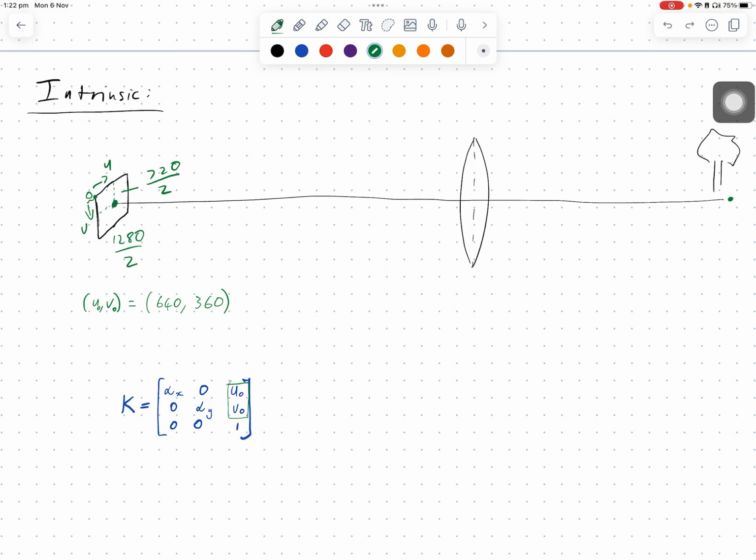And these are a little bit different in some ways from what you normally think of as the focal length of a lens. Normally when you think about the focal length of a lens, you might think about diagrams that look like this, where a line that goes parallel to the optical axis goes through the focal point, and a line that goes through the center of the lens is not deviated at all.